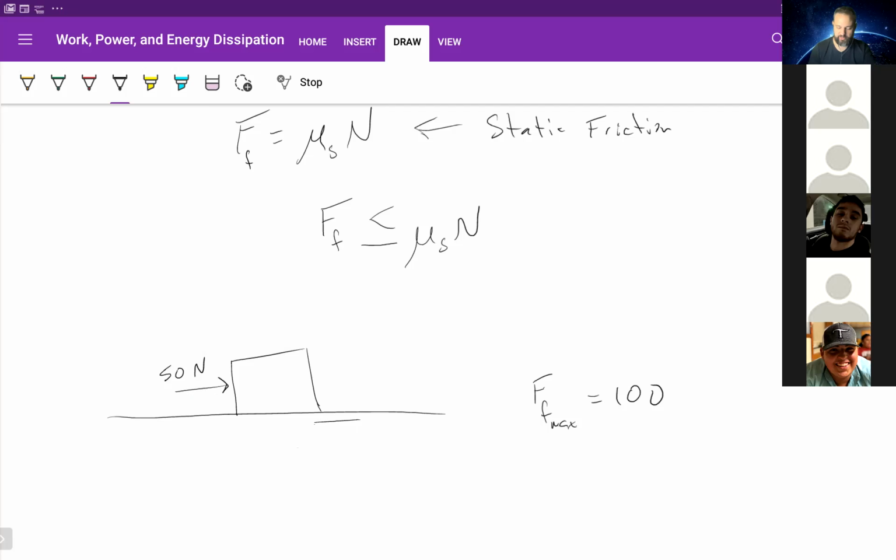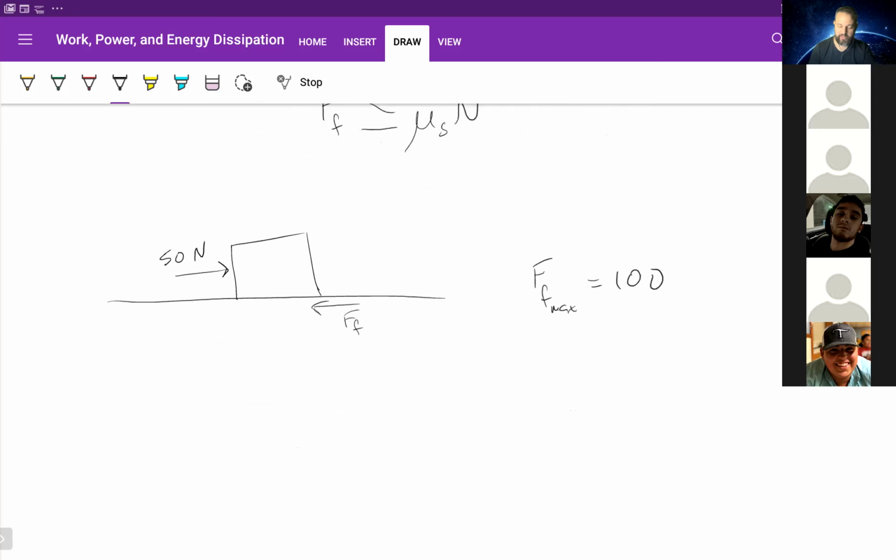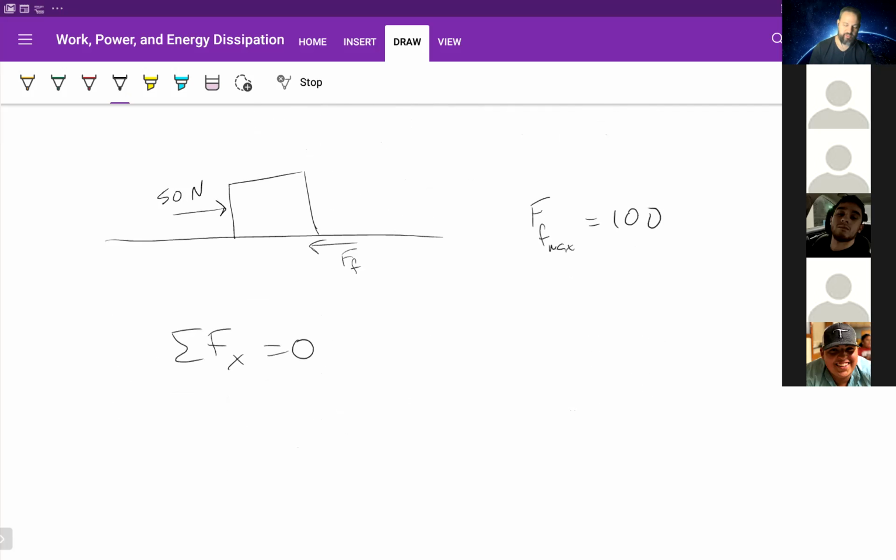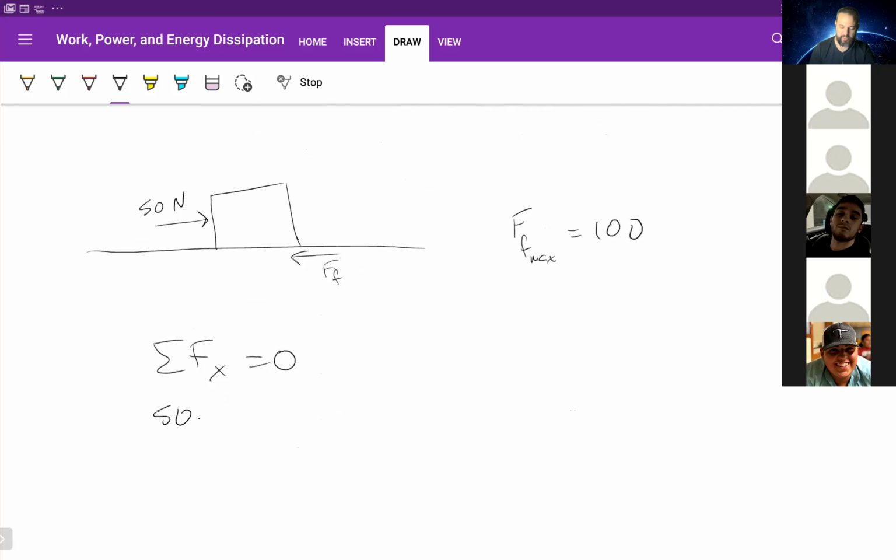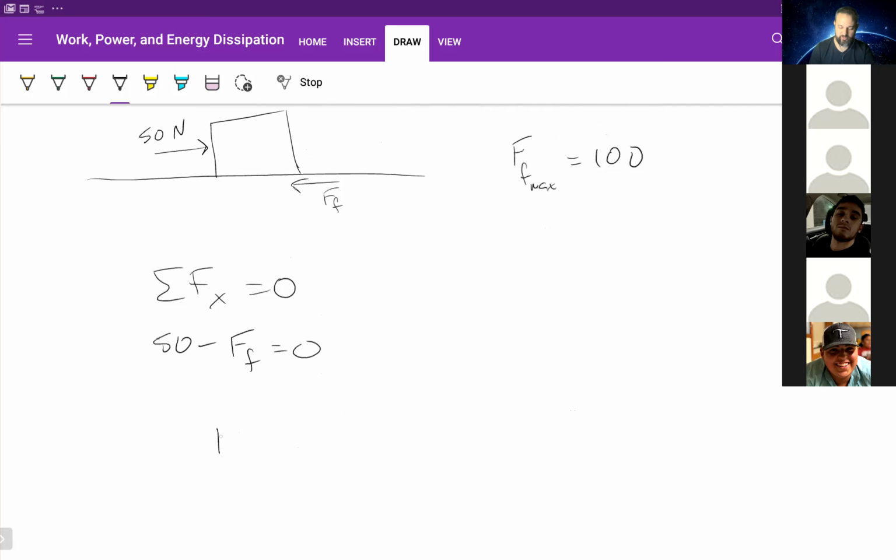We have the frictional force F sub F acting that way. When I sum my forces in the X direction, and let's say it's not moving, I have 50 minus F sub F equal to 0. So my frictional force is actually going to equal 50 Newtons. It can be up to 100, but it doesn't have to be 100. It's going to depend on the other forces acting on the box.